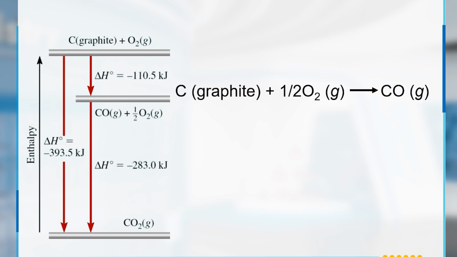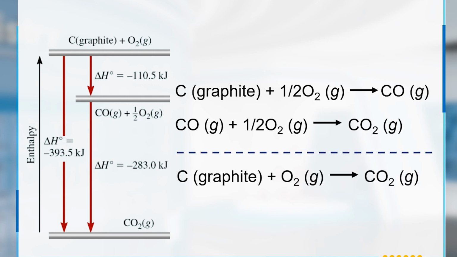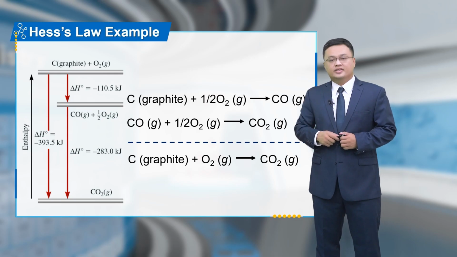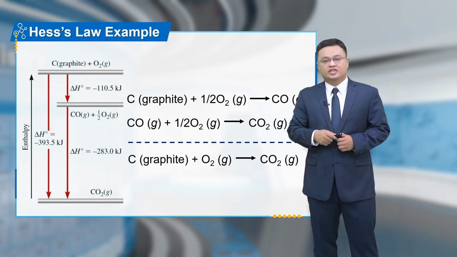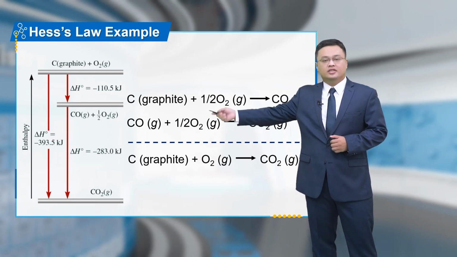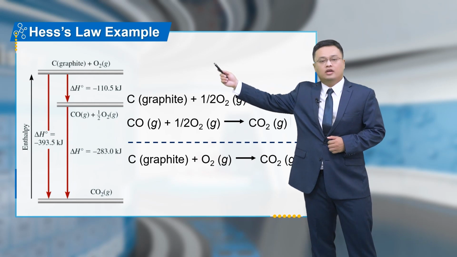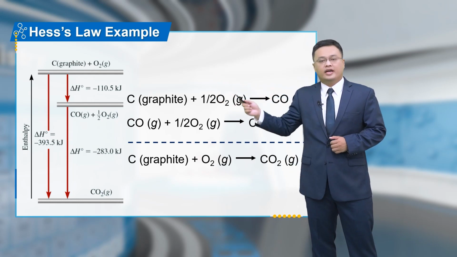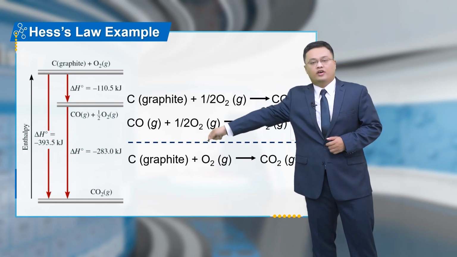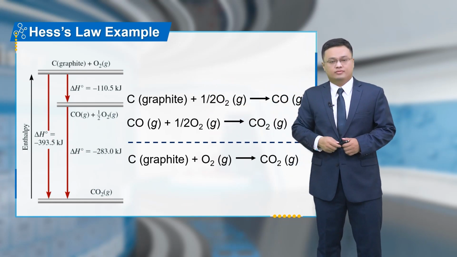Therefore, the delta H at the bottom equals the addition of the two delta H's at the top. Since it's very easy to measure the enthalpy of reaction for producing pure carbon dioxide, either from the combustion of carbon or carbon monoxide, we can get the delta H by subtracting this delta H from the whole delta H.